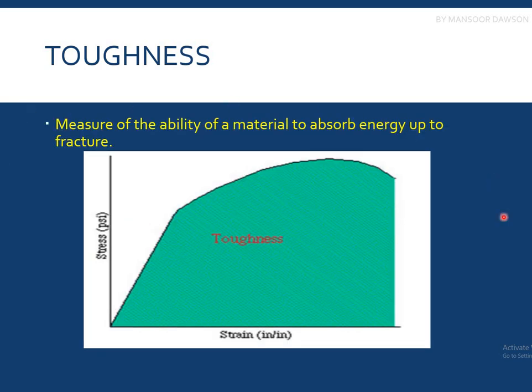So how can we quantify this? It is the measure of the energy absorbed up to the fracture point. Whatever energy is absorbed in the plastic region and in the elastic region, both together are called toughness. So we just integrate this area to find the toughness.